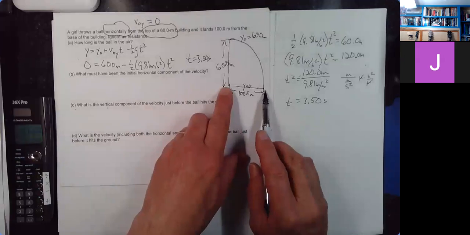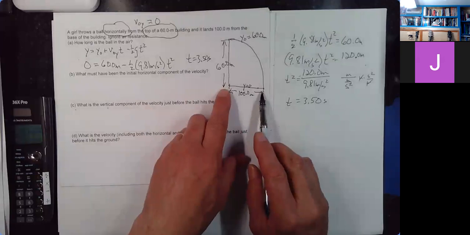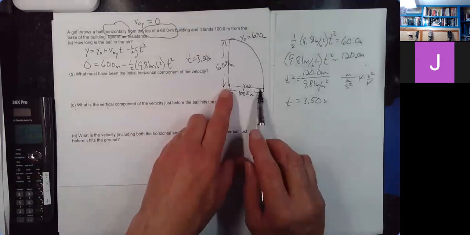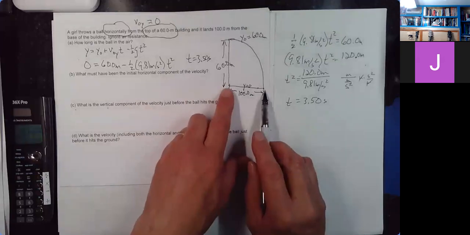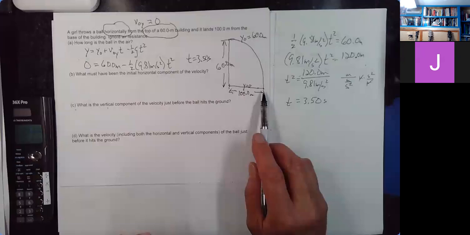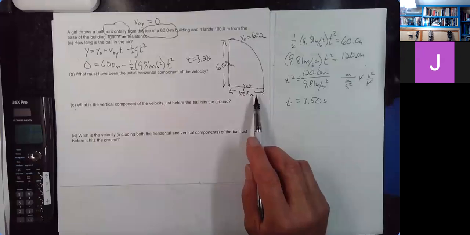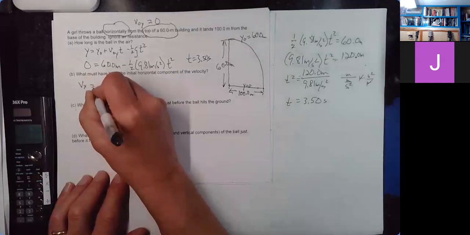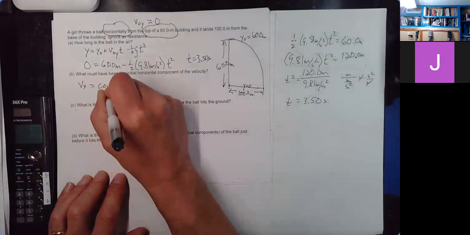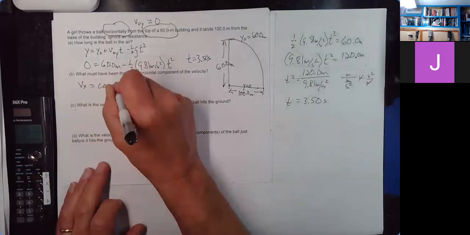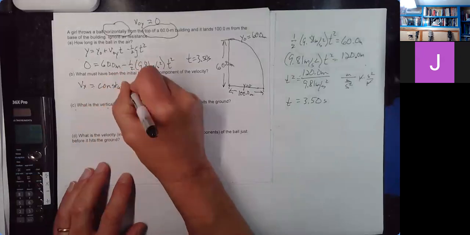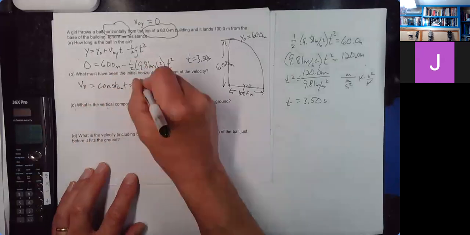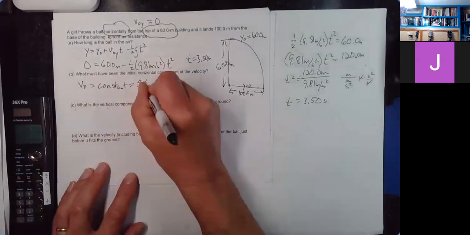And so we can figure out the average velocity in the x direction, but the velocity in the x direction does not change in projectile motion. And so v sub x, which is constant, while it's in the air at least, is just going to equal delta x over t.